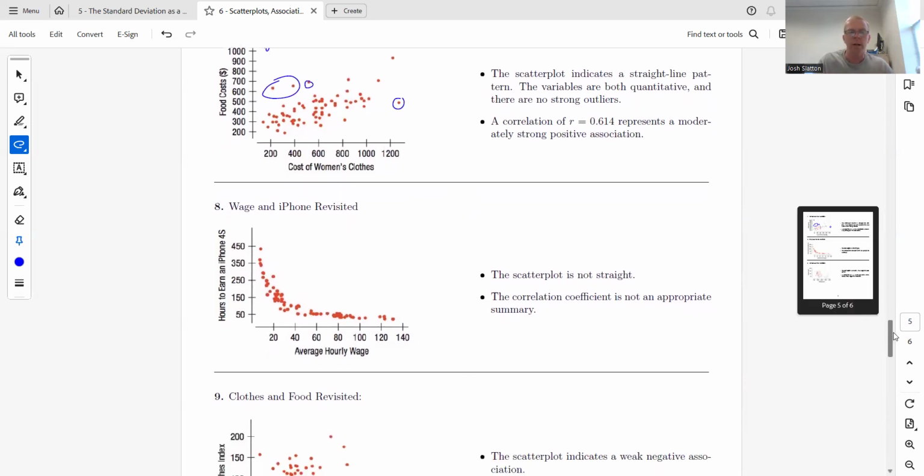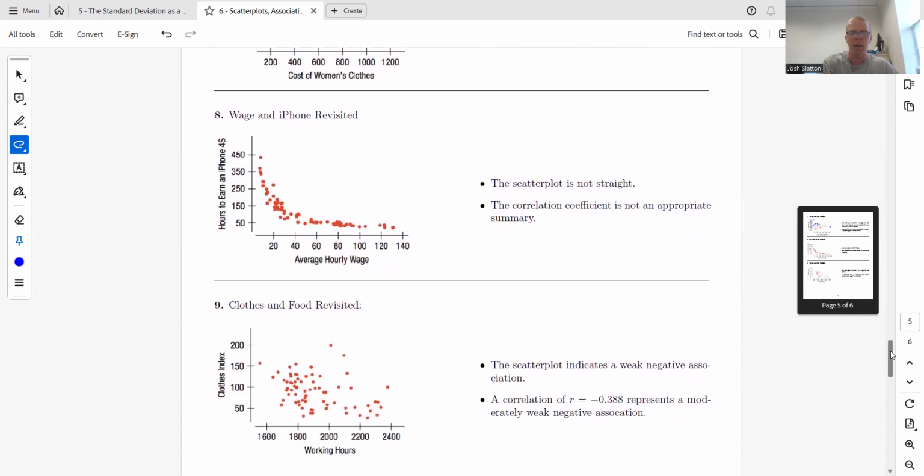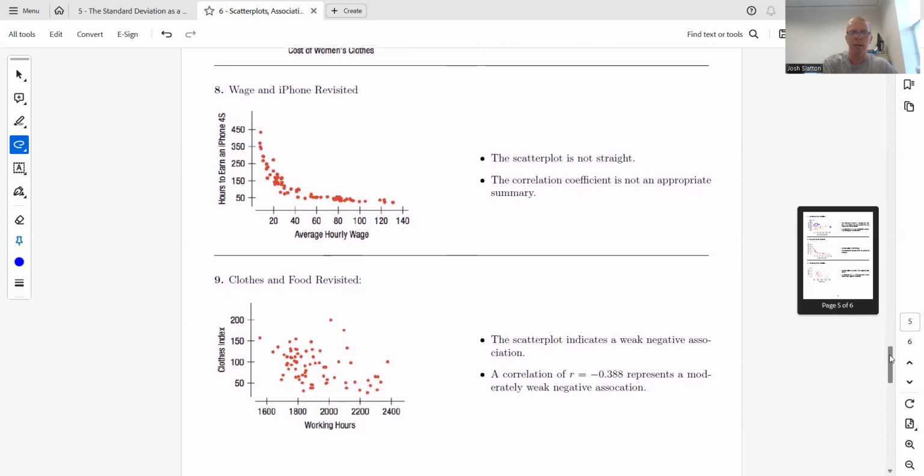Number 8, wage and iPhone. This scatter plot is not straight, so we cannot even do a correlation coefficient there. The correlation coefficient would indicate a very weak association if you try to do it with one that's not linear. So it's not wise to do it in that case. And then the next one indicates a weak negative association.